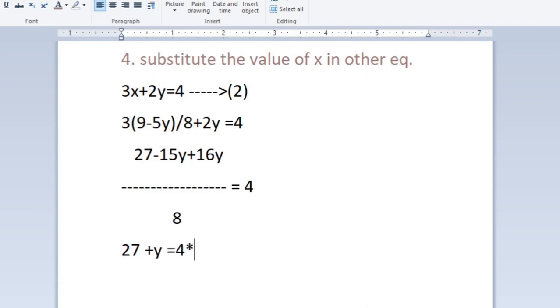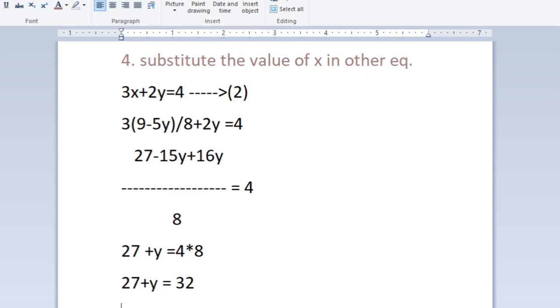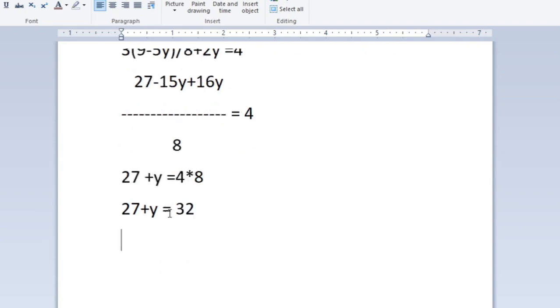So here we have transposed this 8 to RHS. It becomes into 8. Therefore 27 plus y is equal to 32, as 4 eights are 32.